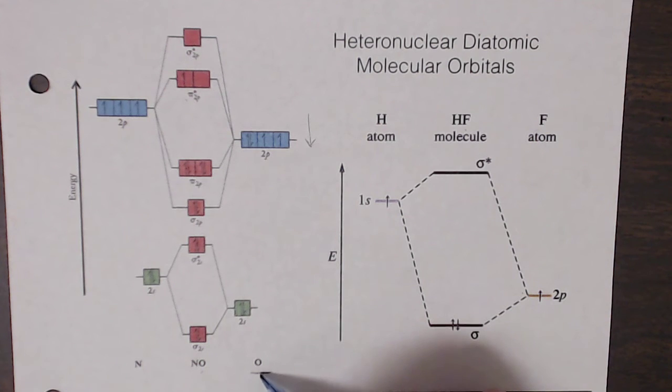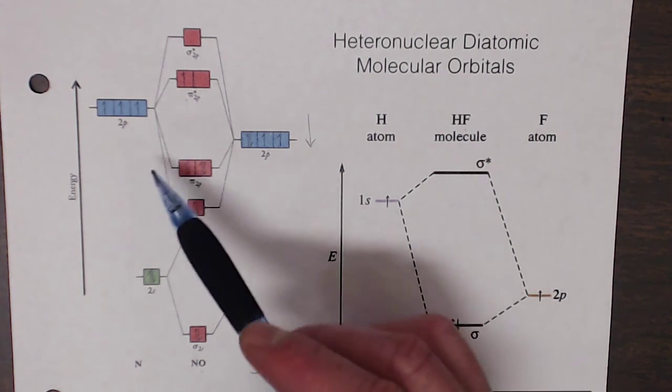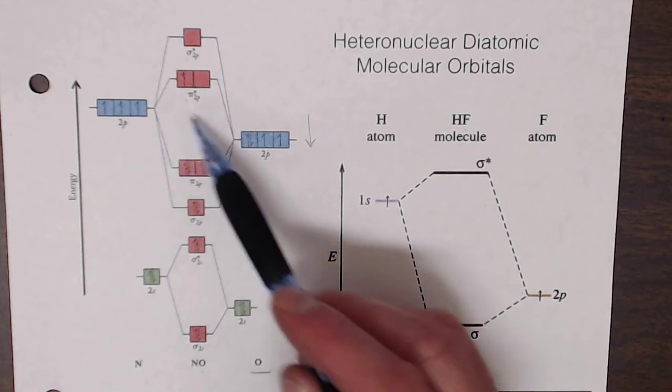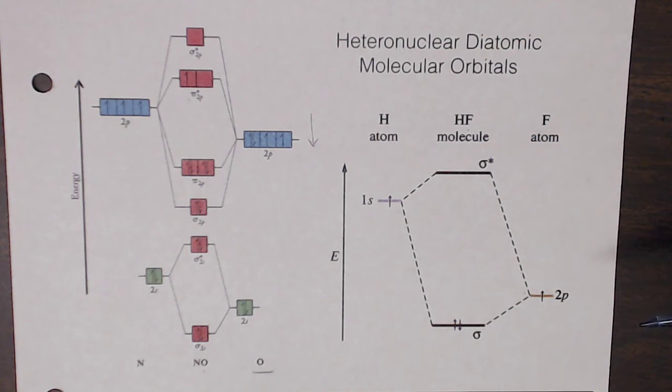So you notice the oxygen atomic orbitals start with a slightly lower energy than the nitrogen atomic orbitals. And this is all qualitative if you were drawing this diagram.